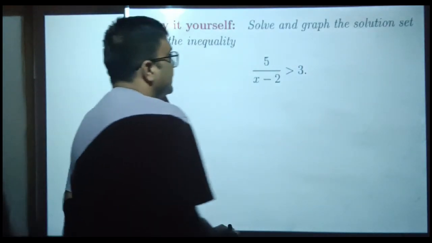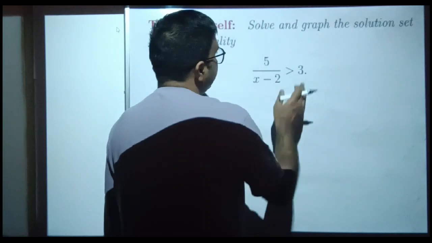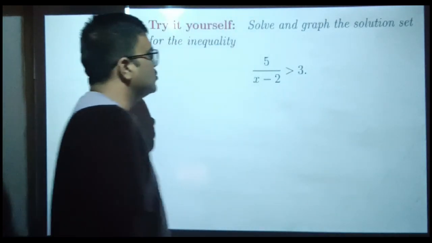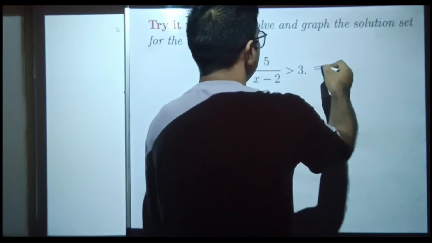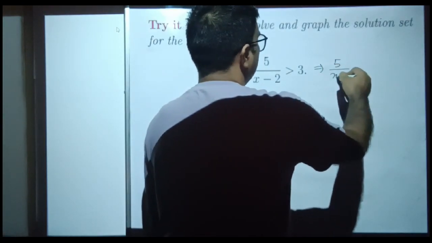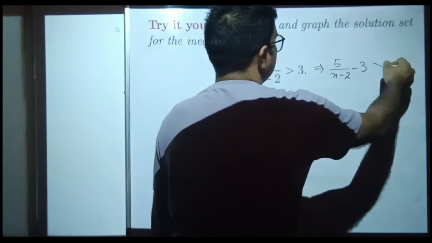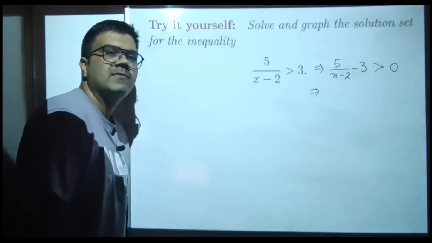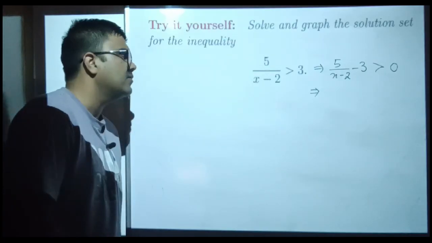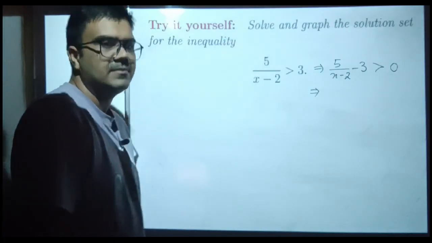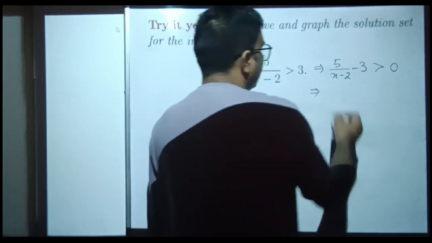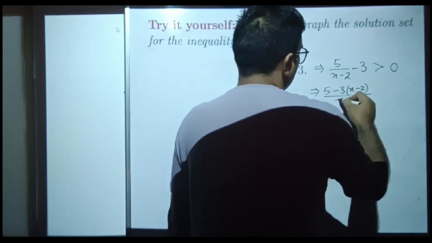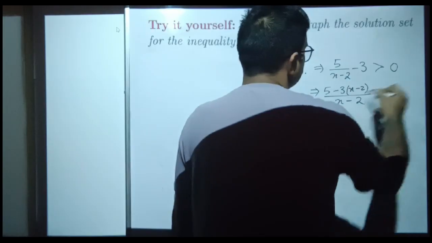So if we subtract 3 on both sides, this inequation will become 5 over x minus 2 minus 3 is greater than 0. We are subtracting 3 on both sides, or we are saying that we have done the transposition. And when we will solve this, we will get (5 minus 3 into (x minus 2)) over x minus 2 is greater than 0.